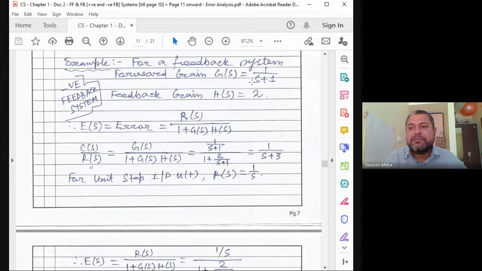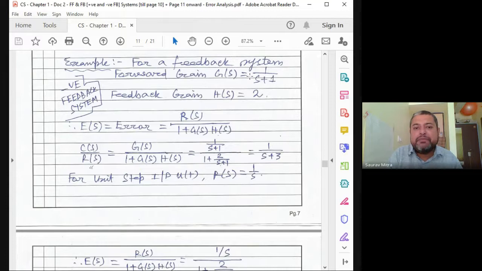In this case, let us find the value of E(s). E(s) is the error in the Laplace domain, equal to R(s) divided by 1 plus G(s)H(s). C(s) by R(s) is G by 1 plus GH, but E is equal to R by 1 plus GH. So first find C(s) by R(s), which is G by 1 plus GH, with G as 1 by S plus 1 and H as 2. The system transfer function then is 1 by S plus 3.